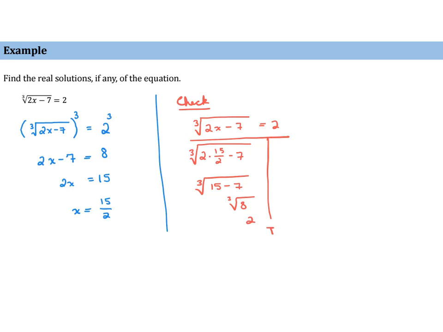So 2 equals 2. That's true. So our solution is indeed 15 halves. Now you might be able to do the check work in your head. That is perfectly fine, but you do want to do it.